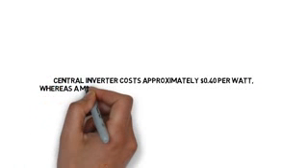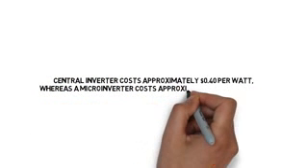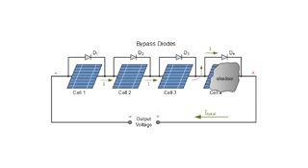It has been reported that central inverters cost approximately 40 cents per watt, whereas microinverter costs approximately 52 cents per watt. Similarly, a system can also be designed with a bypass diode instead of microinverters if shading is a concern.